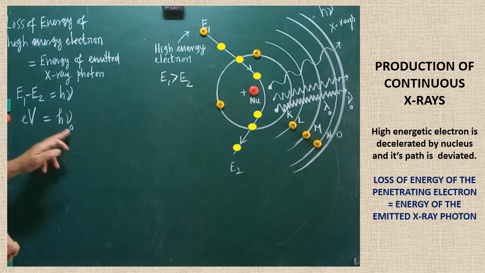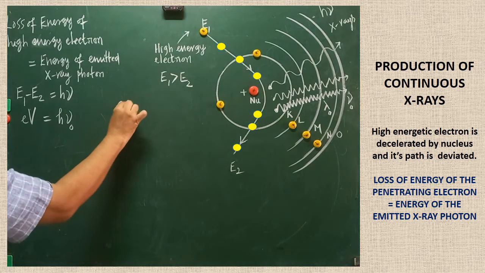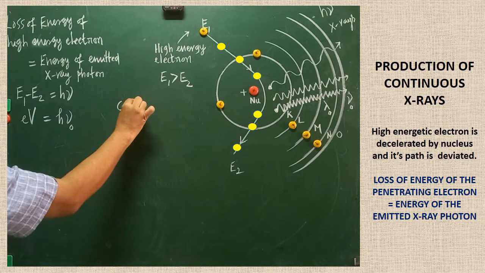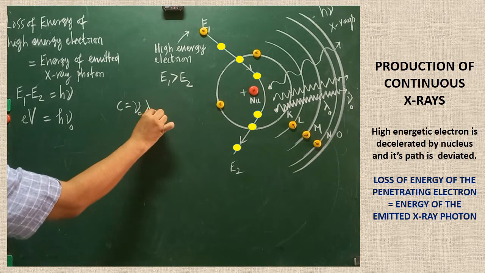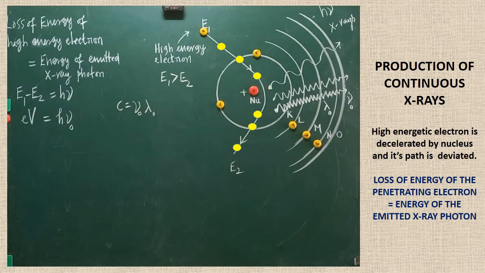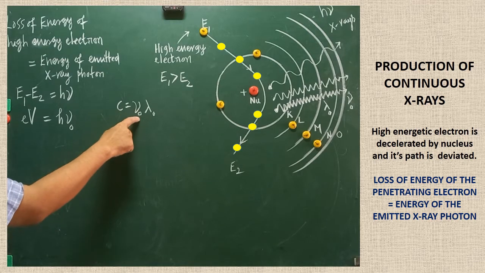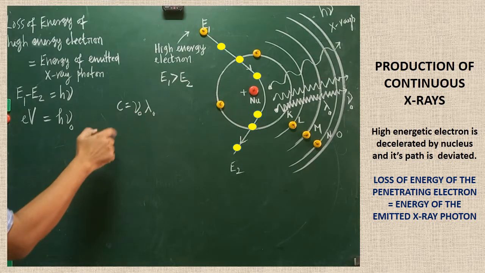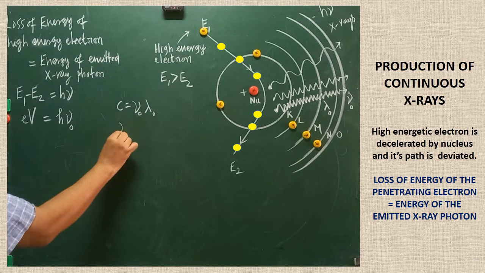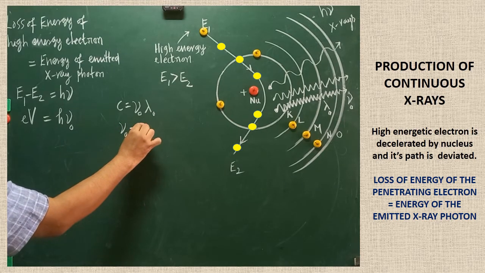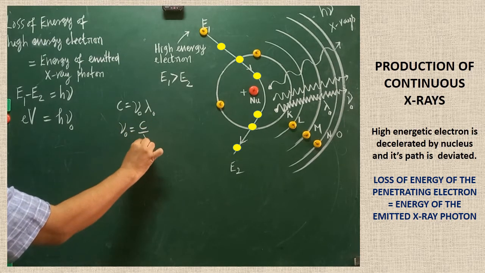We know the expression c is equal to nu naught lambda naught. This is a relation between speed of the X-rays, frequency of the X-rays, and wavelength of the X-rays. From there, we get the expression nu naught as c by lambda naught.